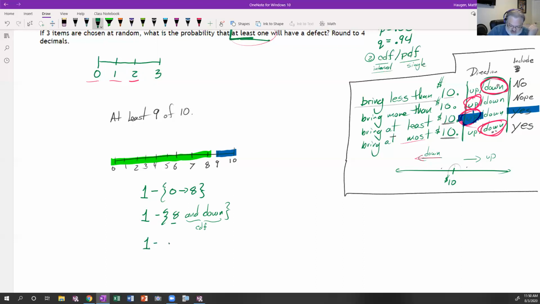So 1 minus that CDF with the n, p, and the 8. Okay, that's where I'm messing up. Now you were saying, do I use the 0? Well, the 0 would just subtract that 0 and would leave 1, 2, 3, 4, 5, 6, 7, 8, 9, 10. Fair?